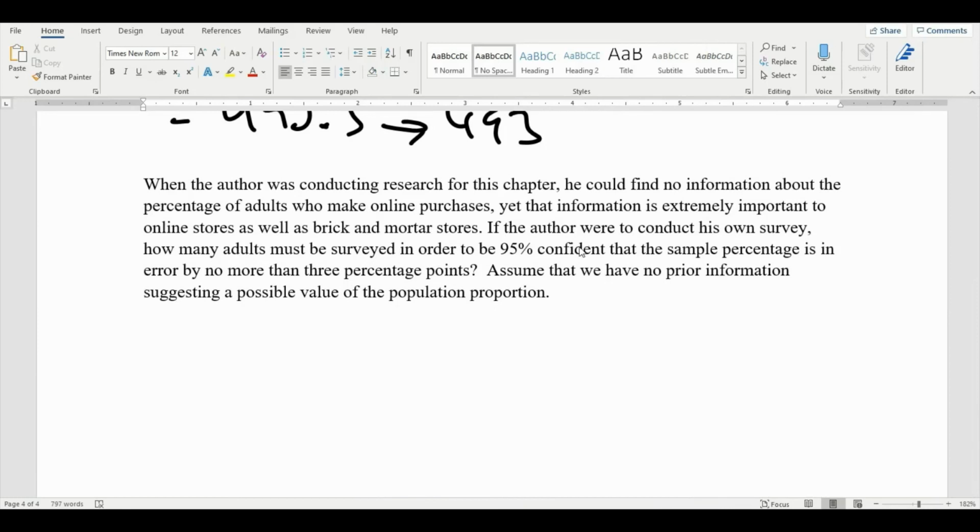Now if you look at this question, 95% confident is an error by no more than 3 percentage points. That's plus or minus 3. Those are margin of error.